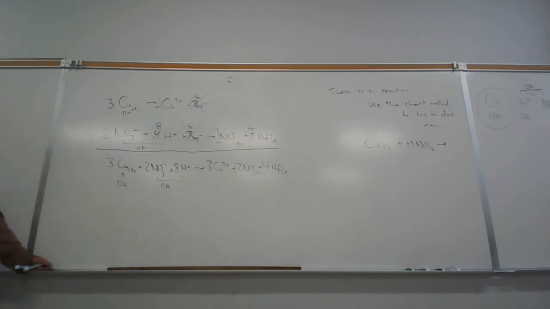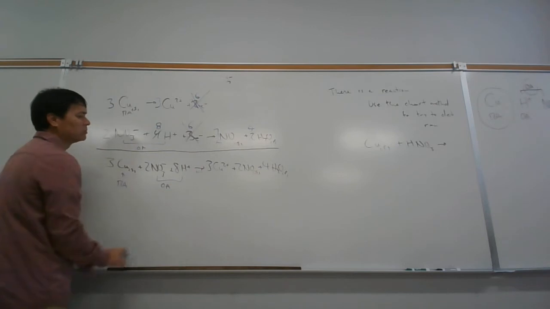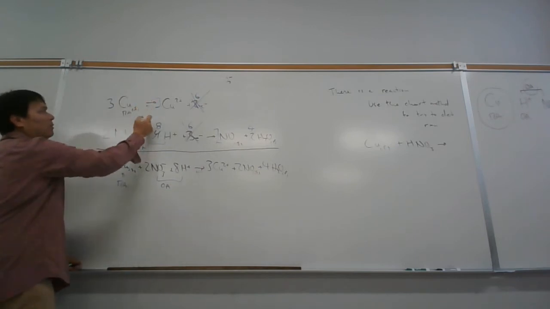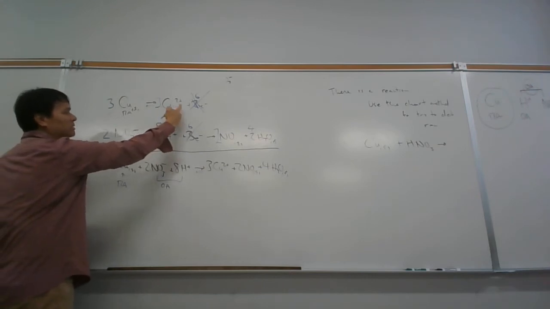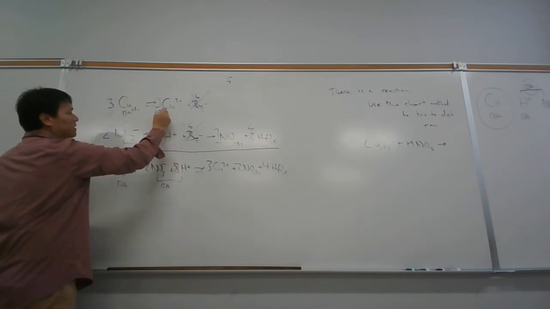Then we have to look, if we go backwards, what's the oxidizer and what's the reducer going backwards? So if I reverse this first equation, the top one, what's happening to copper 2? If I go backwards here, copper 2 is gaining electrons to go to copper metal. And if something gains electrons, we call it an oxidizer.